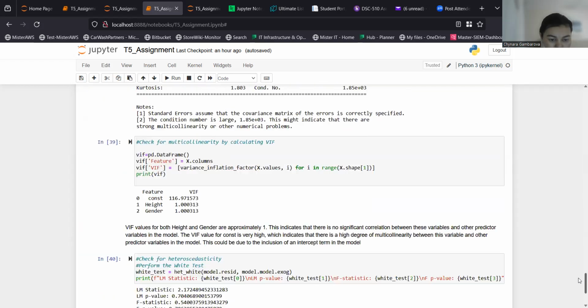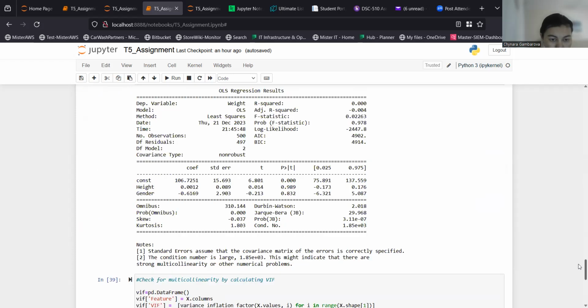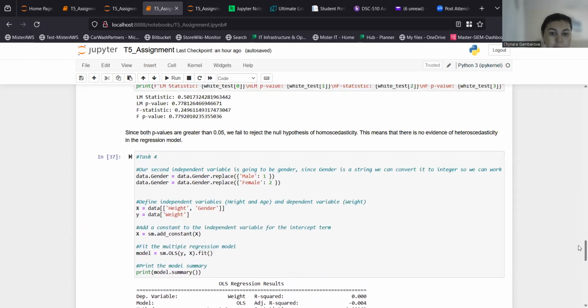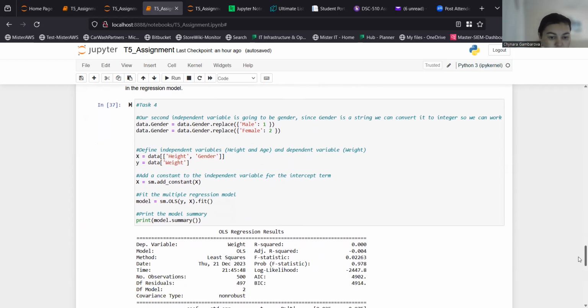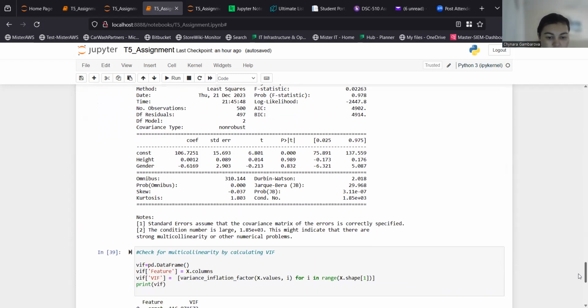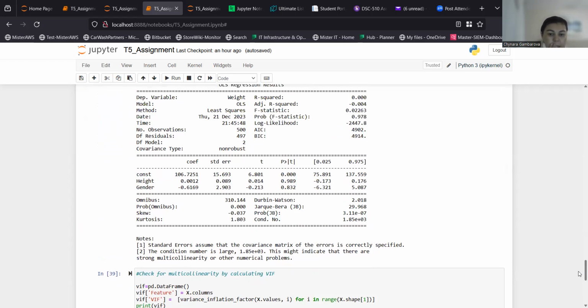Excuse me, where's task 4? Yeah. So here we are adding gender. And since gender was male and female, a string type, I had to convert it to an integer so I can work with it. And so here you can see our summary.